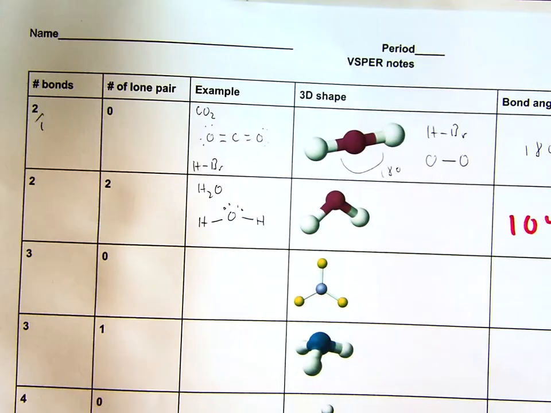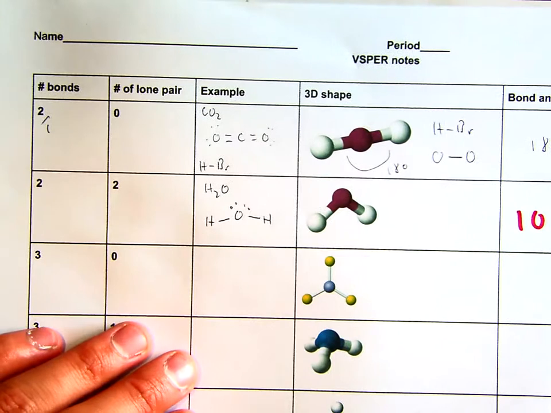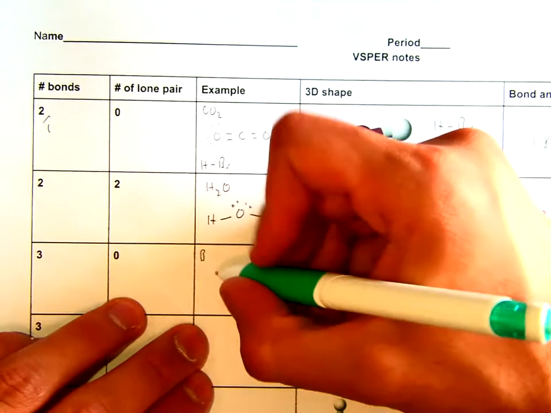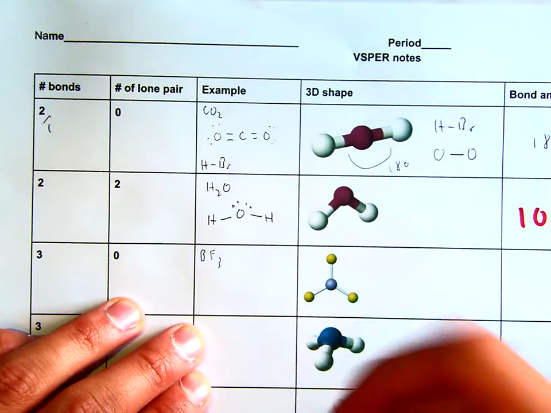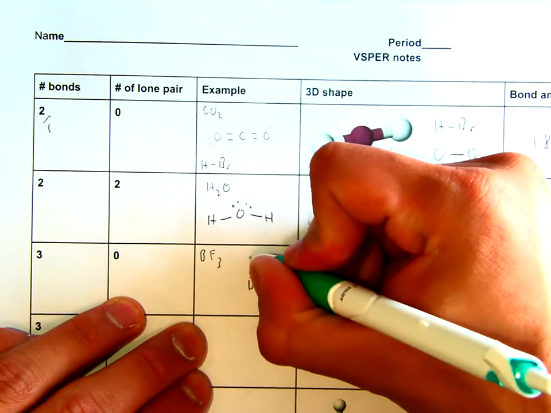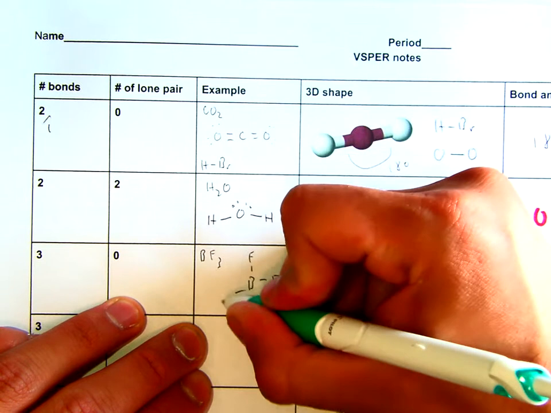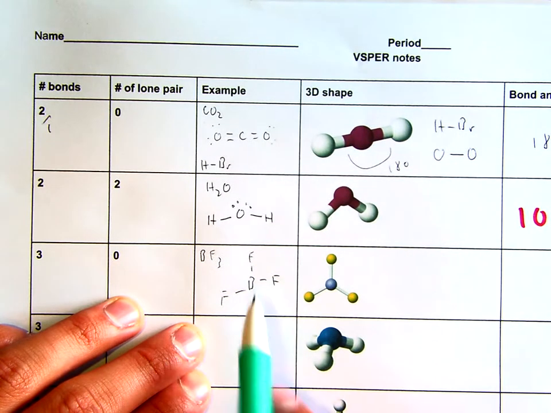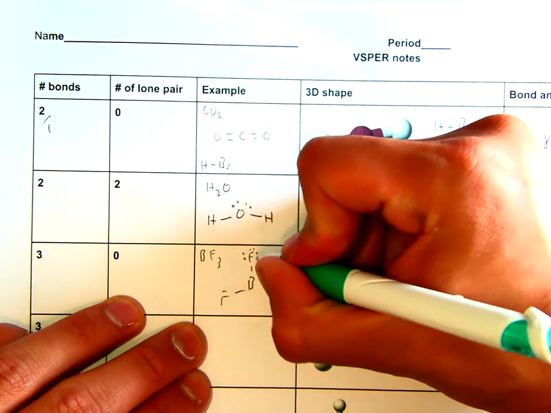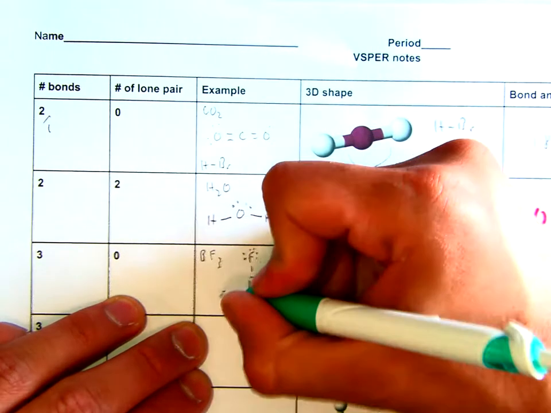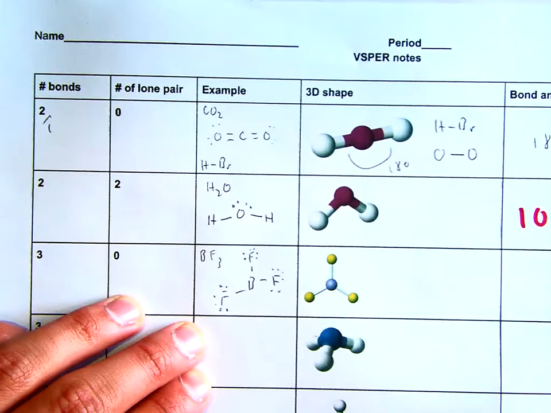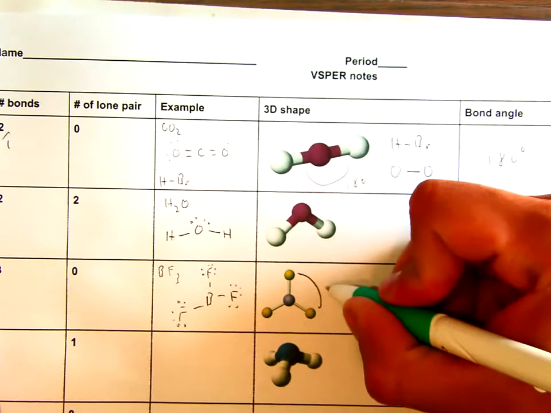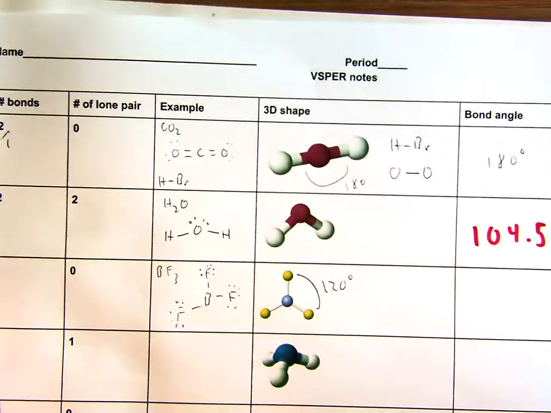All right, moving on. This example actually doesn't follow the octet rule. An example would be 3 bonding regions, 0 lone pairs. The example would be BF3. We have boron bonded to 3 fluorines with no lone pairs in the middle. If you notice, this doesn't follow the octet rule, but there are compounds that are exceptions, and this one is an exception. I'll draw the full structure here. We end up with something that looks like this, with a bond angle of 120.